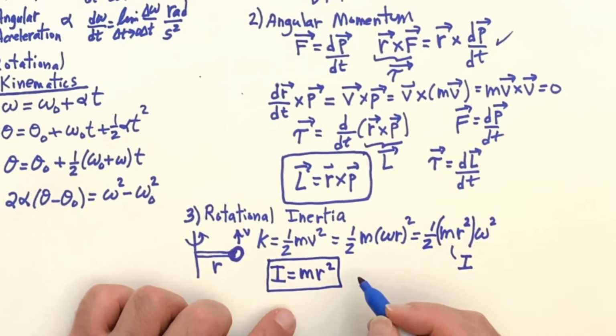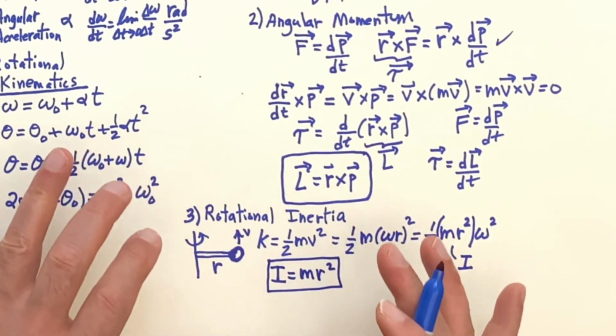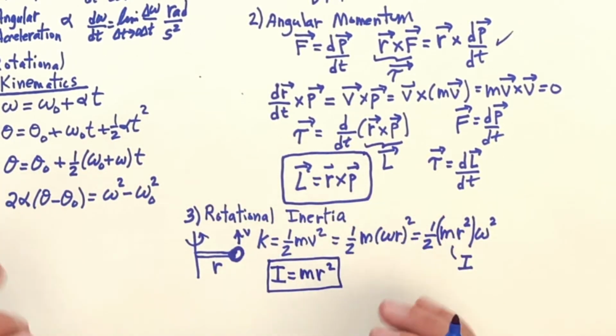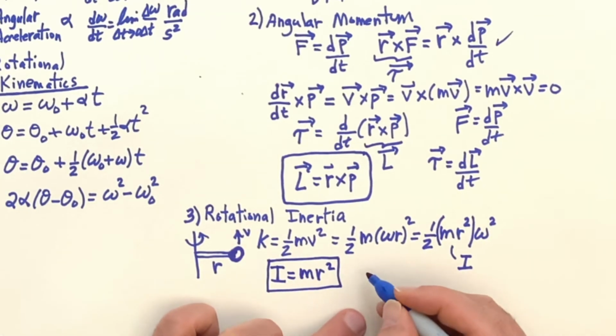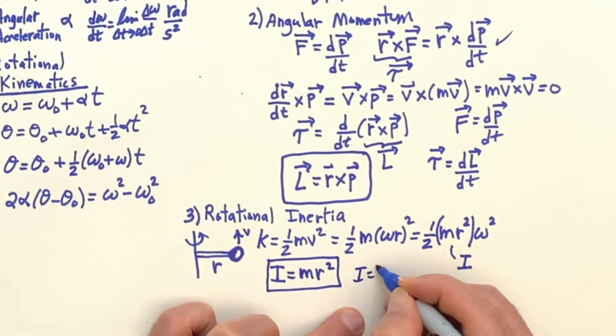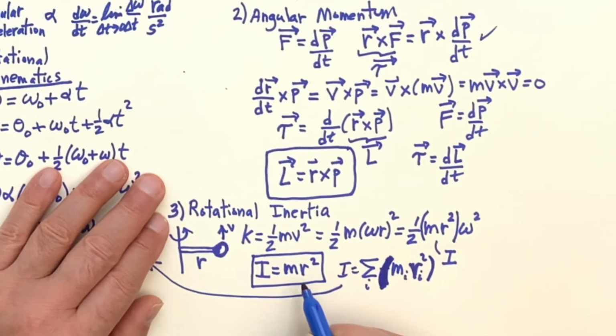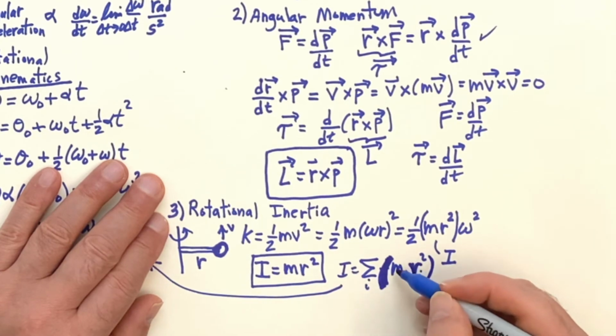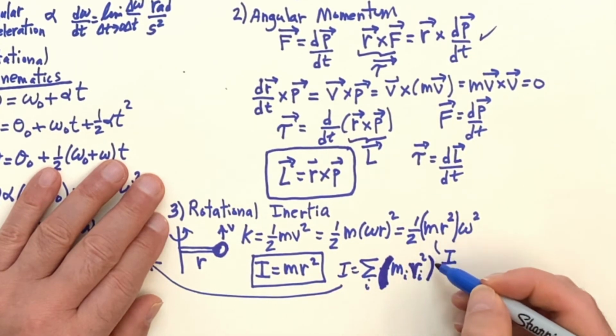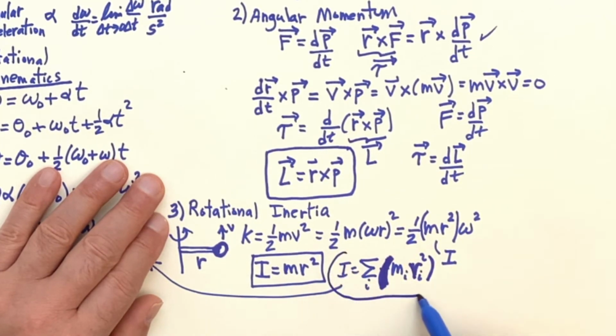Now, if you have lots of masses that are doing the same rotation, then what you would do is you would have a sum. You would be adding these up. So if you had lots of masses, m sub i, at distance r sub i, you would then have a summation of the m_i r_i squared, like this, and this would be the formula for the moment of inertia in general.